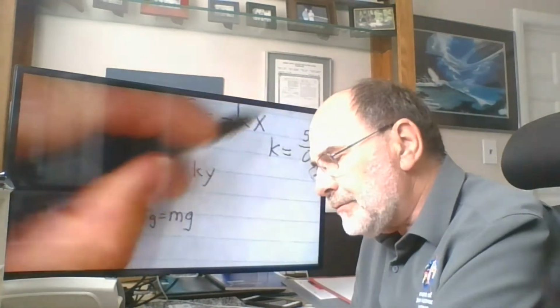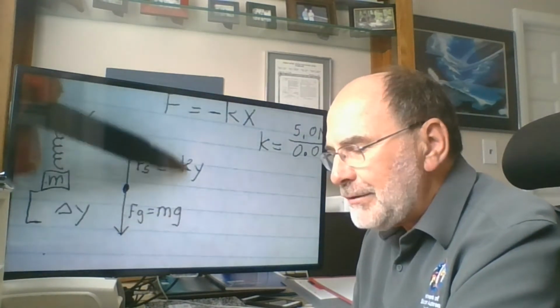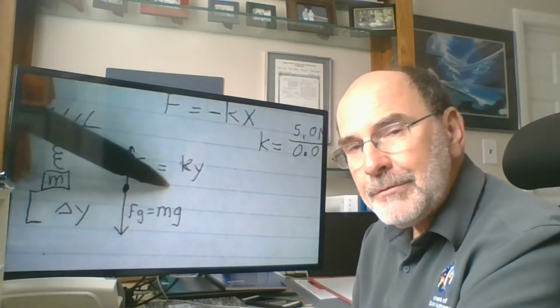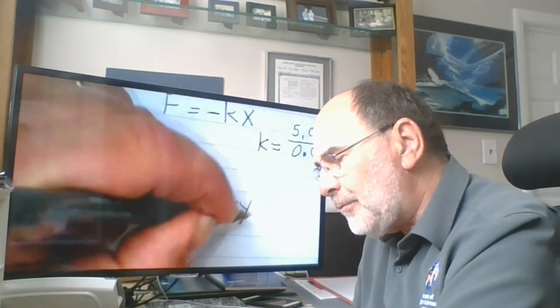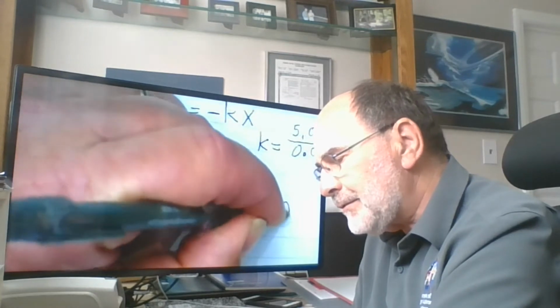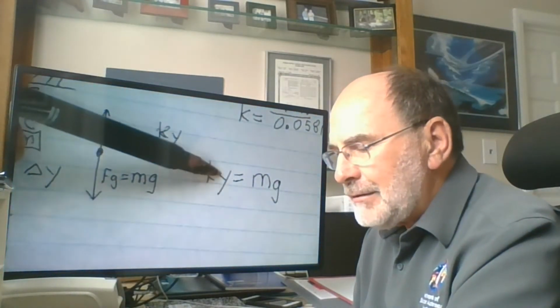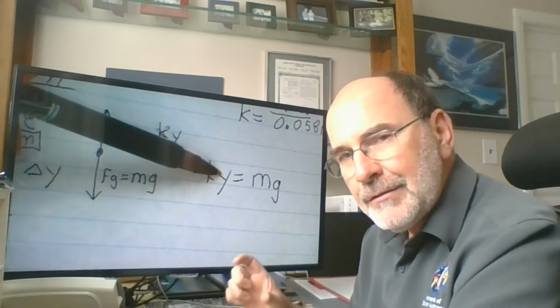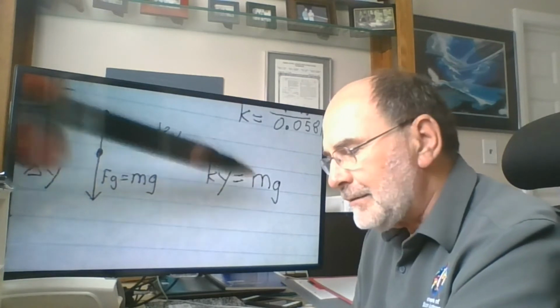Okay, so the distance that the spring stretches, that force increases until it becomes equal to the weight of the object hanging on it. So I can set these two forces equal to each other. The spring constant times the displacement, the distance that the spring stretches, is equal to the weight of the object hanging on it.